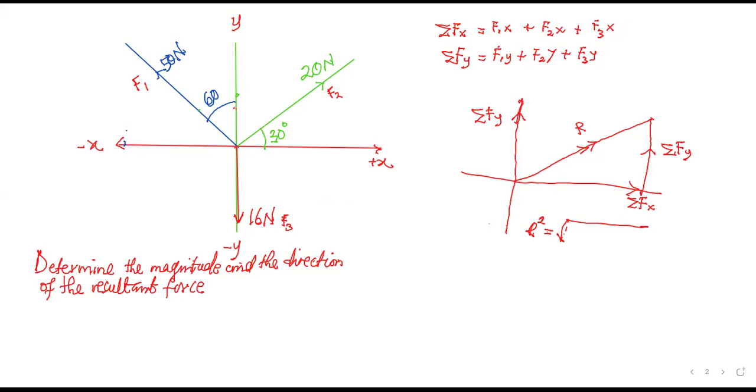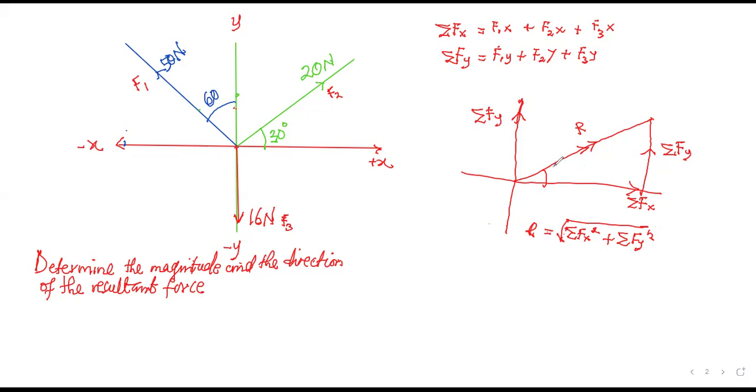R will be equal to the square root of summation Fx squared plus summation Fy squared. And that will give you the resultant. The direction of the resultant is the angle between it and either summation Fx or summation Fy.